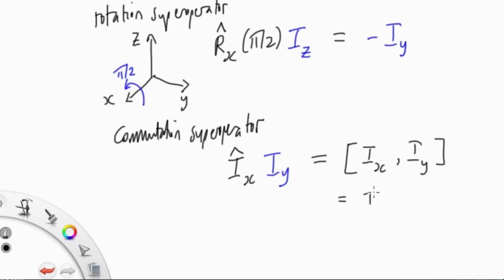The commutator is just the product of the operators combined with order reversed. This is a more abstract superoperator, but it simply has the action that when we apply it to an operator, it generates another operator, in this case this one here.